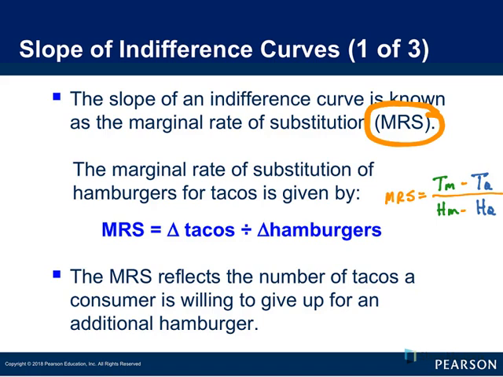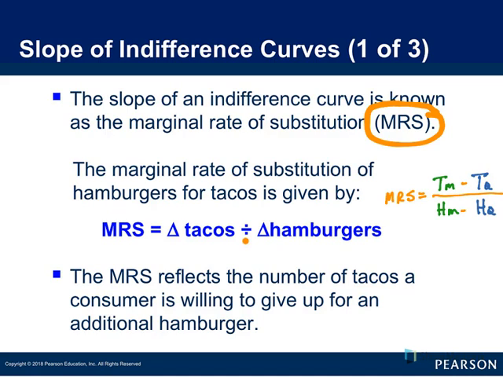There's an equation there. The marginal rate of substitution equals the change in tacos divided by the change in hamburgers. And I've written that a little bit differently. The marginal rate of substitution is equal to the change in tacos, TM minus TQ, divided by the change in hamburgers, HM minus HQ.